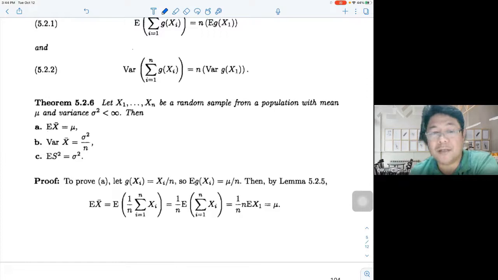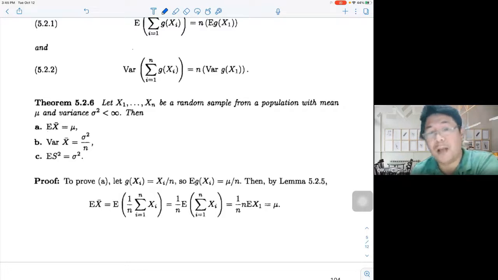But if we have a random sample, it says here that the expectation of the sample mean will just be equal to mu, and the variance of the sample mean is equal to sigma squared over n. And then the expectation of the sample variance will just be equal to sigma squared. As I have said, the distribution of this random sample in this theorem is not defined. So it can be any distribution.